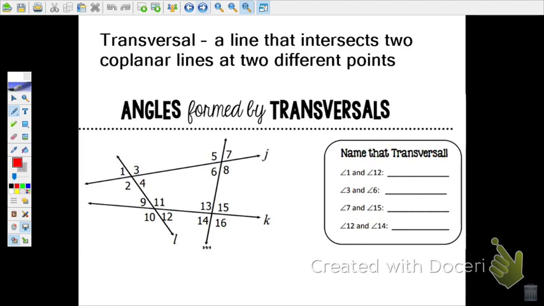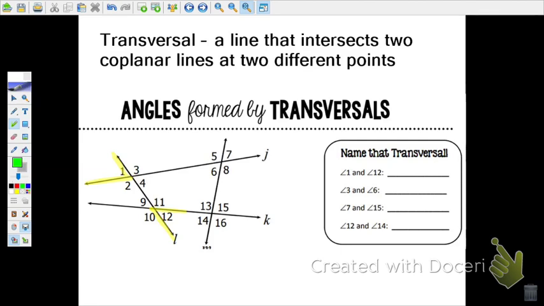When I am looking at angle 1 and angle 12, what line is necessary to be able to form both angle 1 and angle 12?